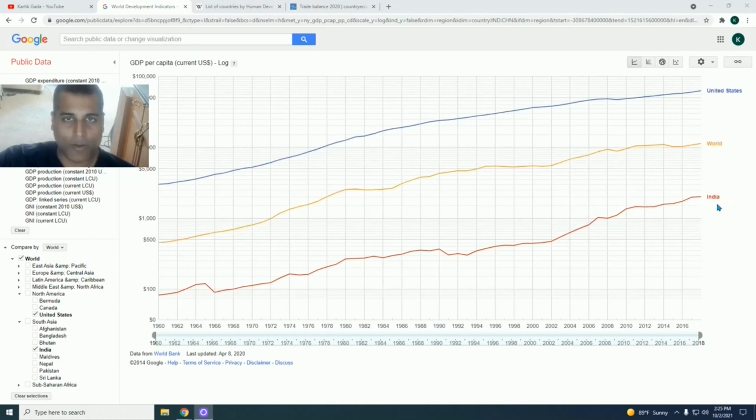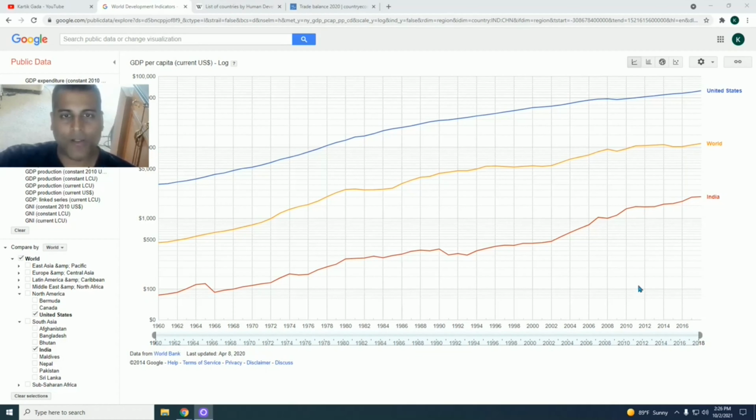And lo and behold, in 2018, the gap between India and the rest of the world, and between the world and the United States, is about the same as in 1960. These lines have not changed their rankings substantially at all. The status quo has persisted, and India has only reverted back to the relative prosperity level that it had in 1960 in relation to the rest of the world and to the United States.